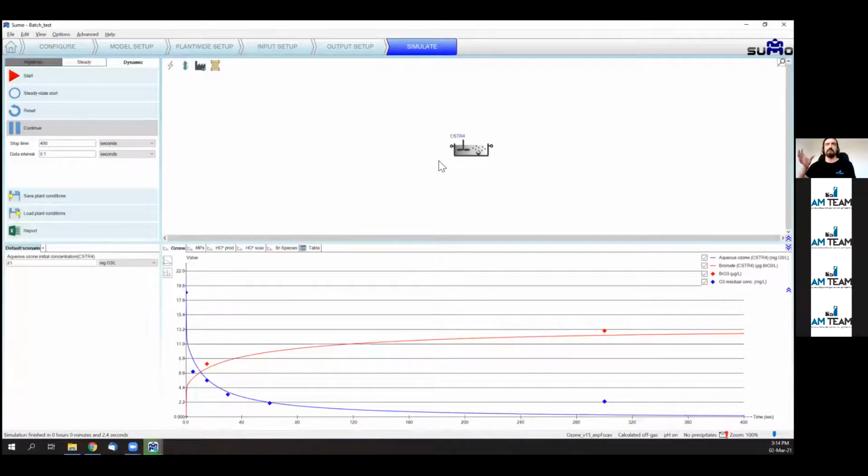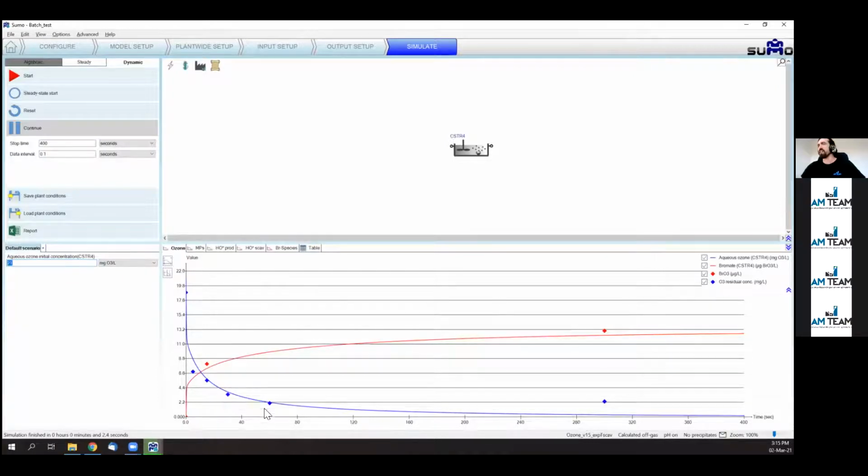A single beaker with some water inside with certain characteristics in terms of organic matter, inorganic components, and other constituents, and a certain pH, and so on. So a certain water matrix in a beaker in which we are going to dose a single shot of ozone, 21 milligrams per liter of ozone all at once.